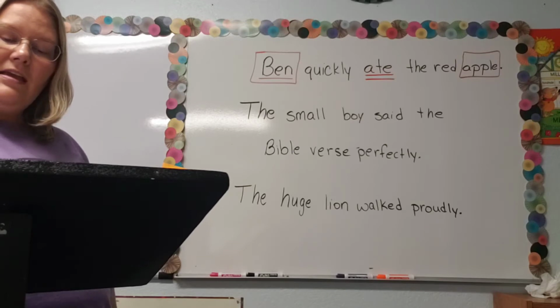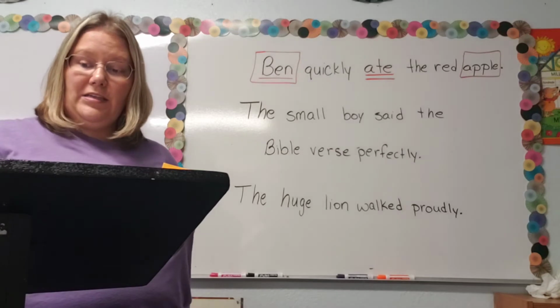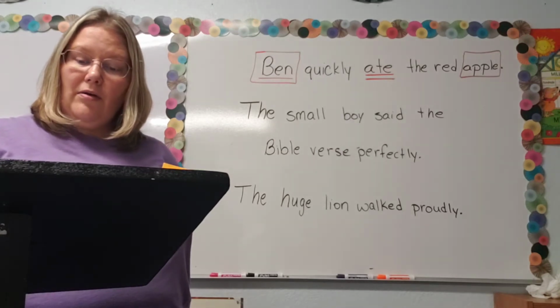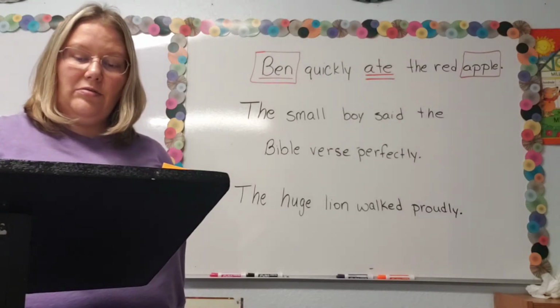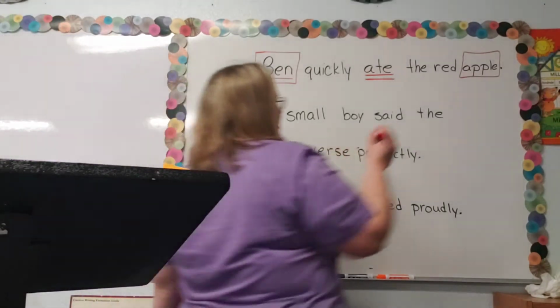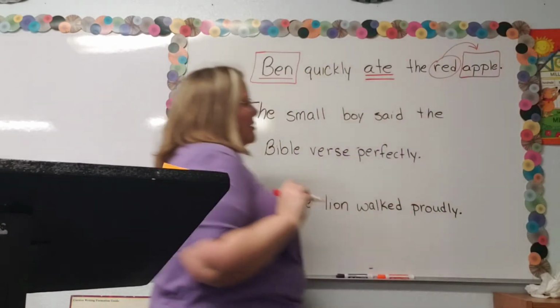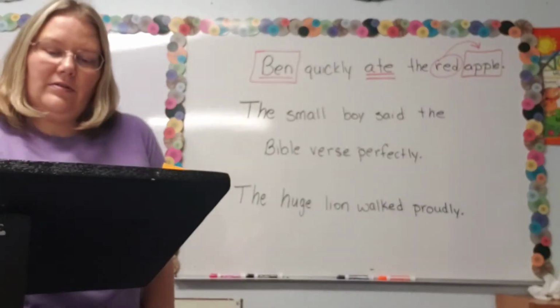Sorry. Let me try that again. Look at the noun and draw a circle around each adjective. Draw a small arrow from the adjective to the noun it describes. Okay, there's nothing describing Ben, but red describes what kind of apple. Okay, that's our only adjective.